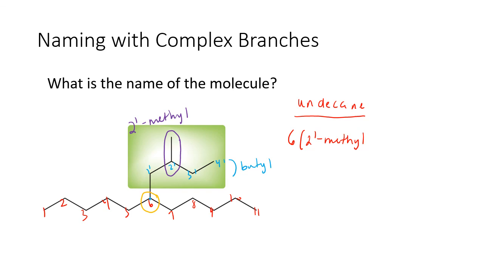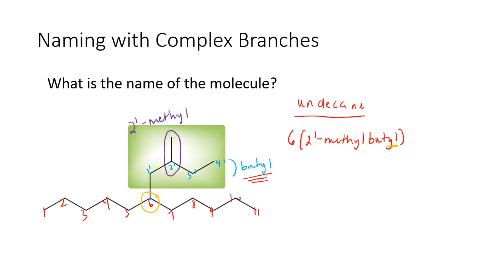So the substituent on the subbranch is the 2 prime methyl, but our subbranch has 4 carbons in it, so it's a butyl group, and then we're going to close that parenthesis. So that subbranch at number 6 is listed in parentheses. And notice I didn't write butane, I wrote butyl, because I'm not going to end it in ane because it's not the parent. It still is just a substituent. So make sure that you're ending your substituents in yl.